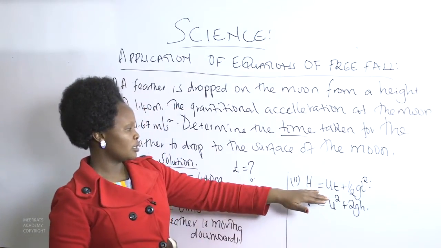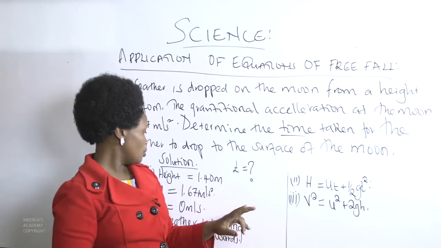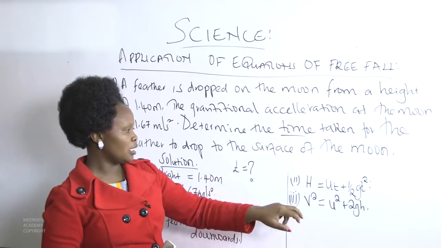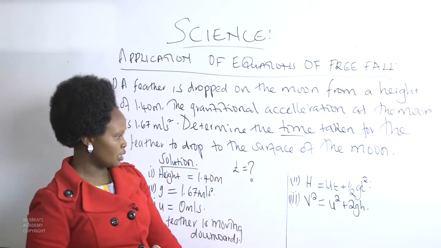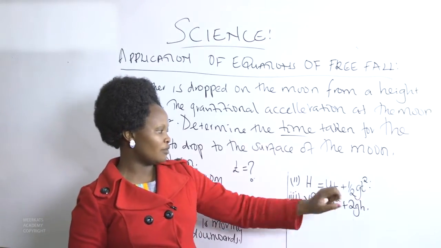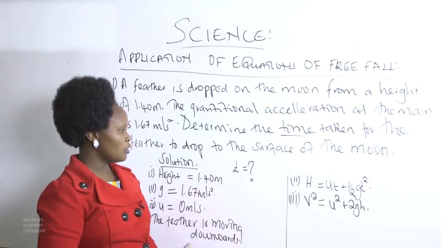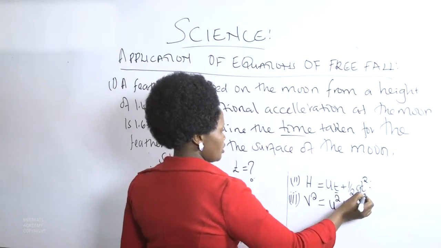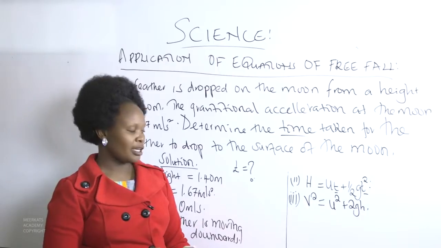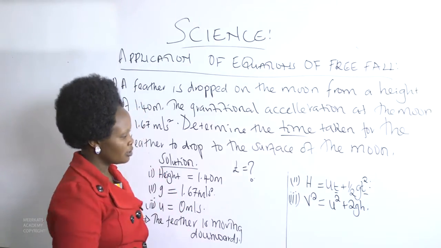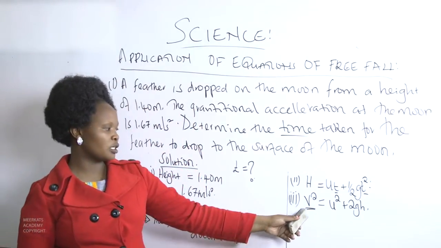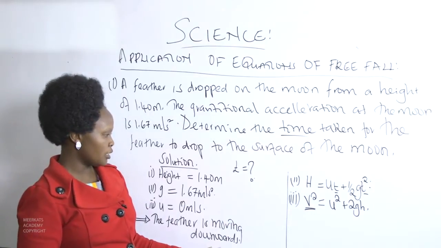Again, we consider equation 2. We have the height from which the feather has been dropped. We have the initial velocity. We have g, and time is what we are looking for. Therefore, the only unknown we have in this question is t. How about the third? The third equation requires us to relate v squared, which is the final velocity, and which has not been given.